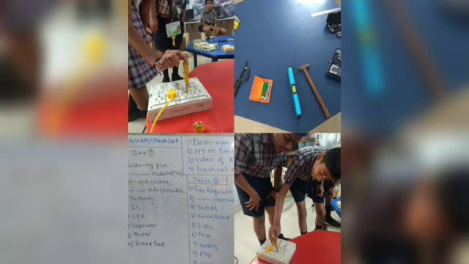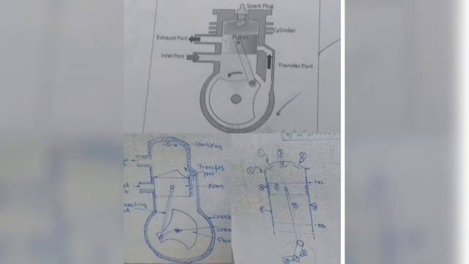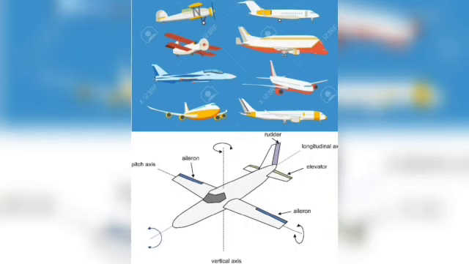These are different mechanical tools. Here you will have an introduction to the 4-stroke and 2-stroke cycle engine, that means the IC engine, internal combustion engine, in which we are going to just introduce the different types of IC engine in this topic.